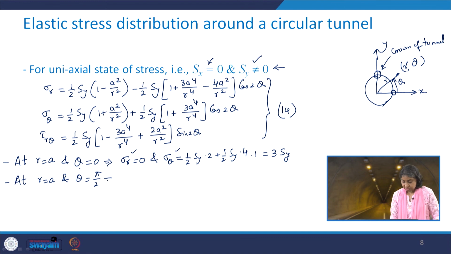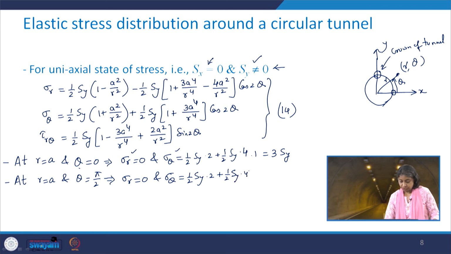So, just substitute the values, what you will get is again sigma r equal to 0 and sigma theta you will get as half Sy into 2 plus half Sy into 4 into minus 1, because here theta is equal to 90 degree. So, you will have that as minus 1. So, this is going to be minus Sy.